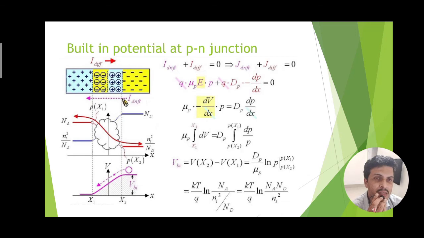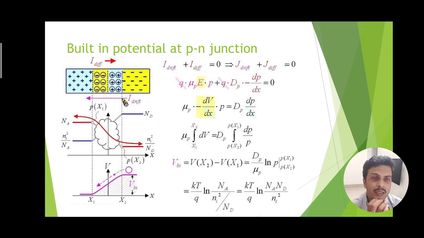So here one thing we can note is that when we calculate the built-in potential Vx2 minus Vx1, what does it mean? Vx2 means at the right side, x2 is the position where the potential is Vx2, and on the left hand side, x1 is the position in which the potential is Vx1.